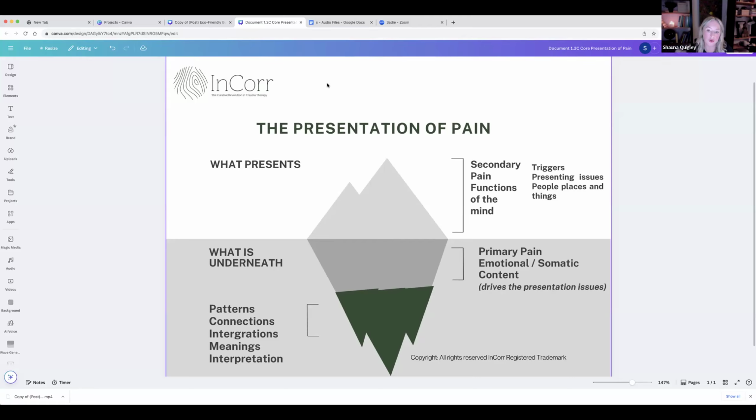Are you not using the signals of embodiment in secondary as a key to an embodied client who's filled with capacity? And your ability to understand the presentations and the differentiation in the presentation is what will keep the client inside that beautiful window of tolerance as you titrate towards deeper stuff.